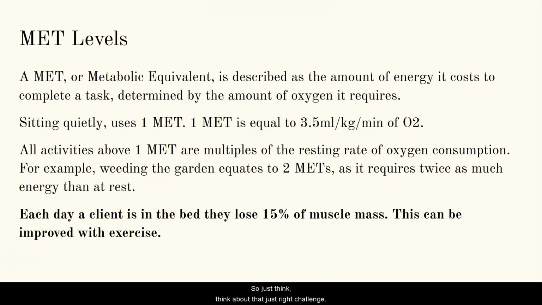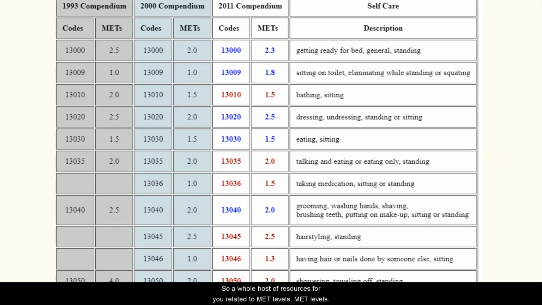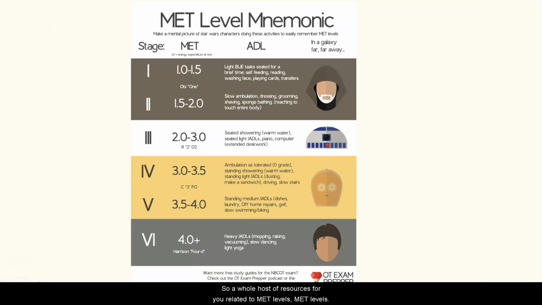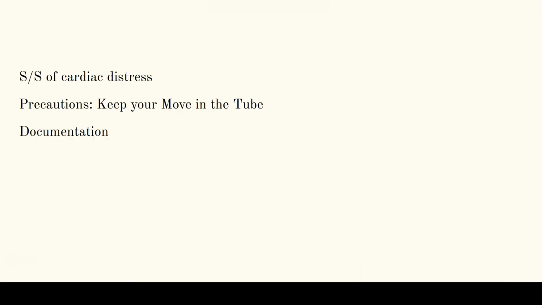So just think about that. Just right challenge. How do you challenge your client to improve their MET level, their activity tolerance, within what they're able to do? So a whole host of resources for you related to MET levels.